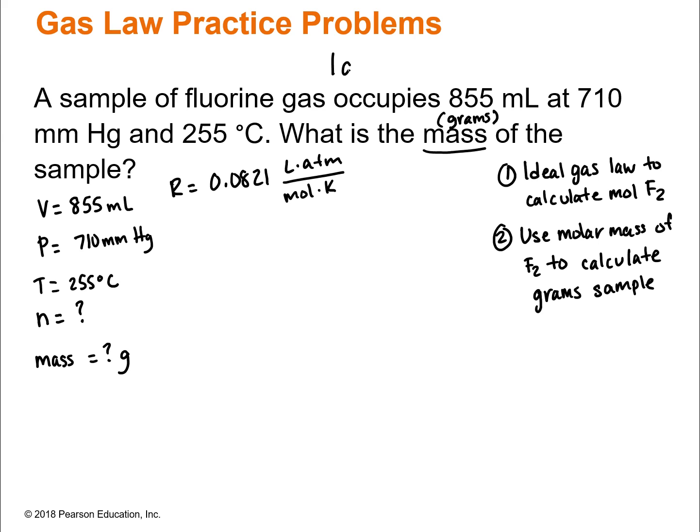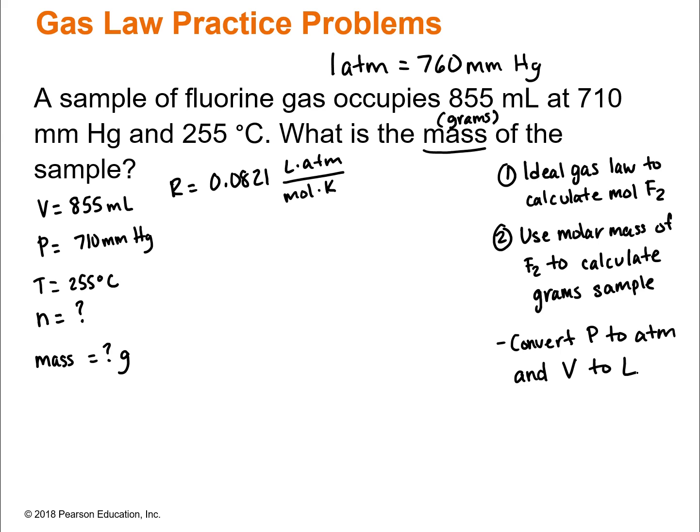And again, 1 atmosphere is the same as 760 millimeters of mercury. So we need to convert pressure to atmospheres and volume to liters.